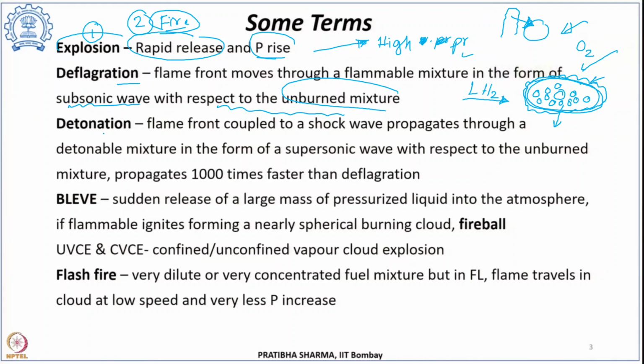Detonation is due to shock wave propagation through a detonable mixture in the form of a supersonic wave. That means detonation is more dangerous than deflagration, because it is a supersonic wave with very high velocity. It propagates 1,000 times faster than deflagration, okay.